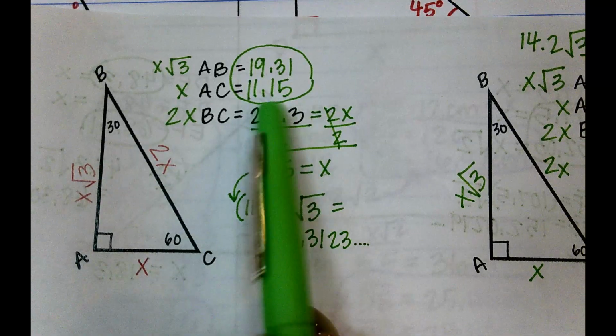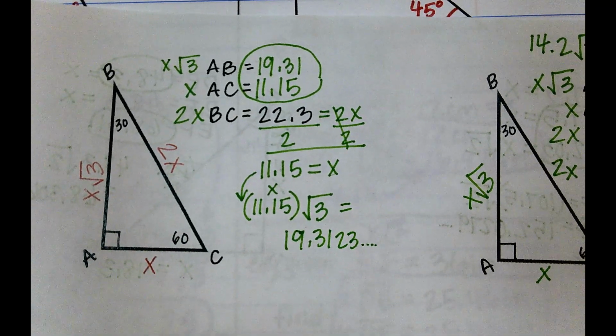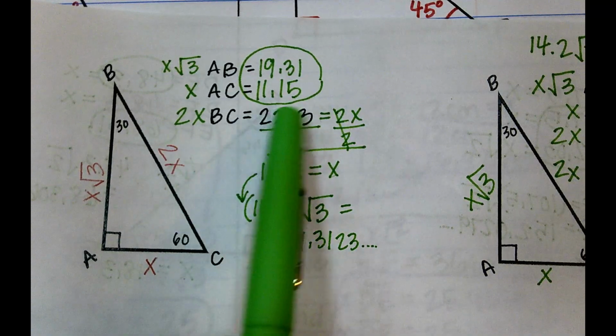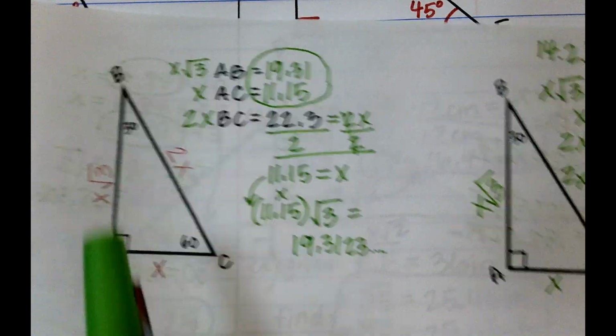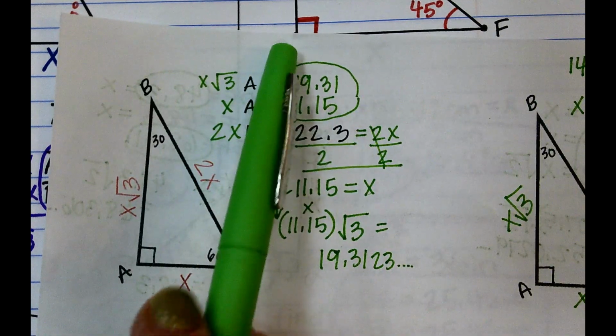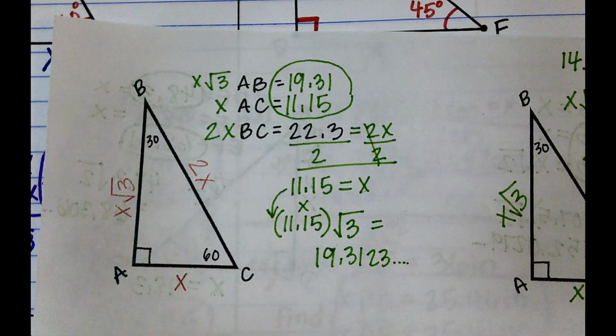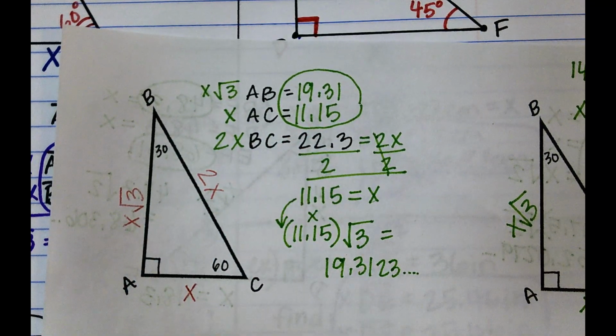And for AC, 11.15. I put 11.3. I just rounded it. That's fine, as long as it's rounded and it's close enough. As long as you didn't say like 20 and 11. 19.3 is perfect. 11.1 or 11.2 would be good.